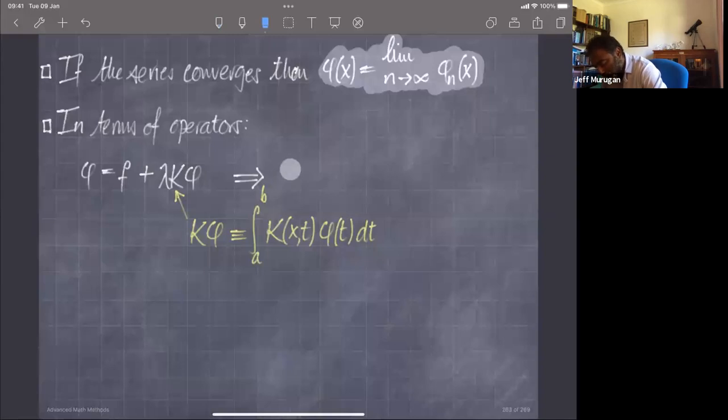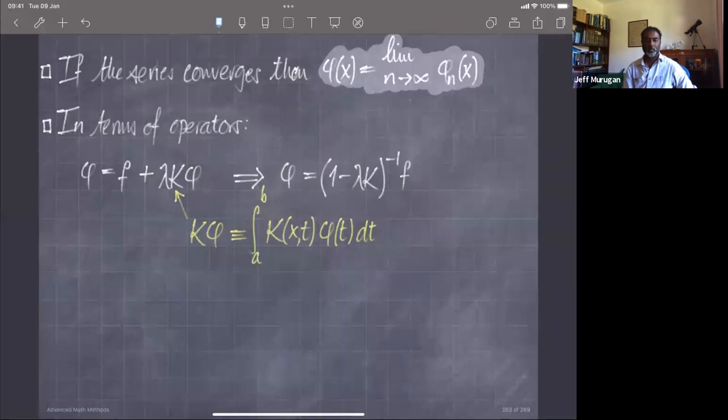So this is phi equal to 1 minus lambda k inverse acting on the inhomogeneity f.